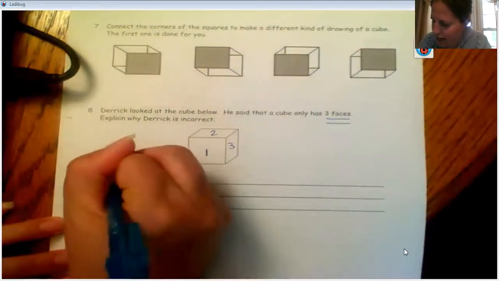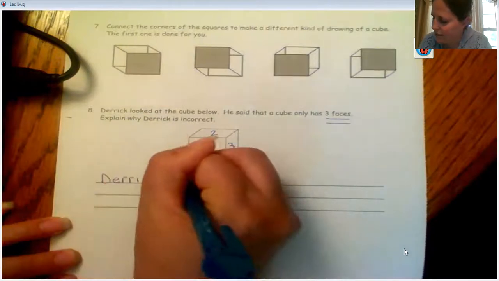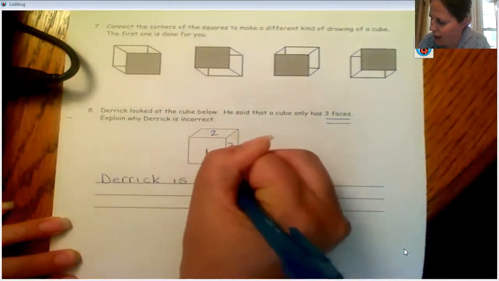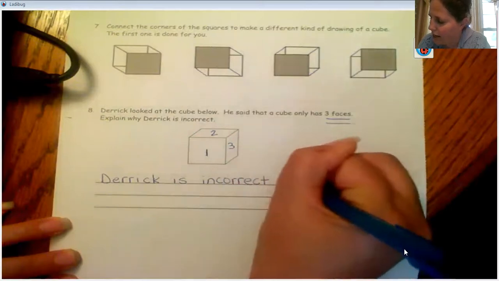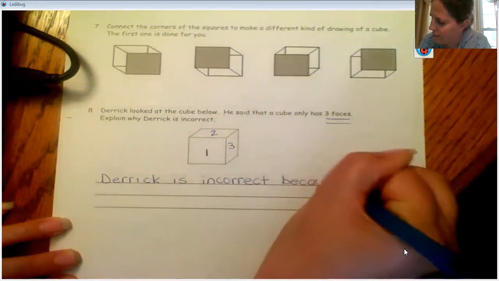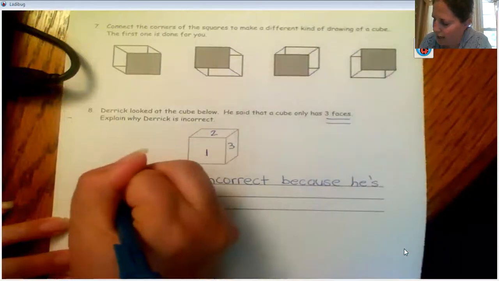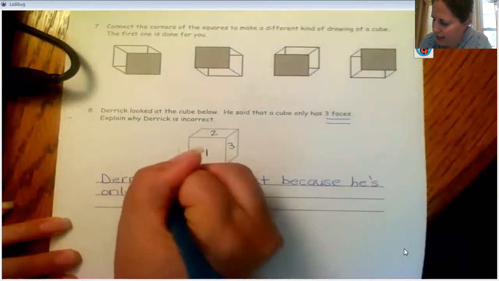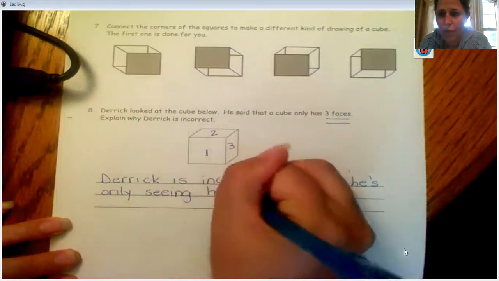So Derek is incorrect because he's only seeing half of the cube.